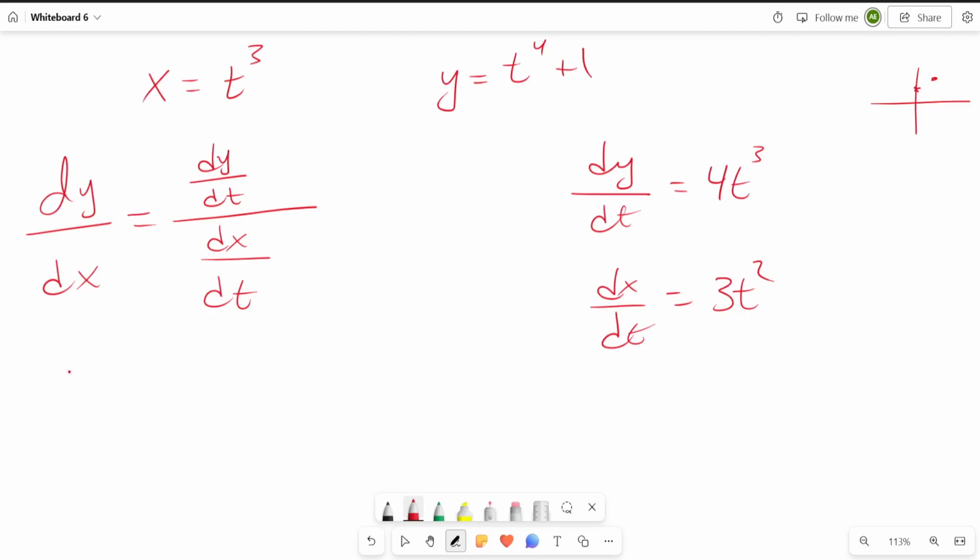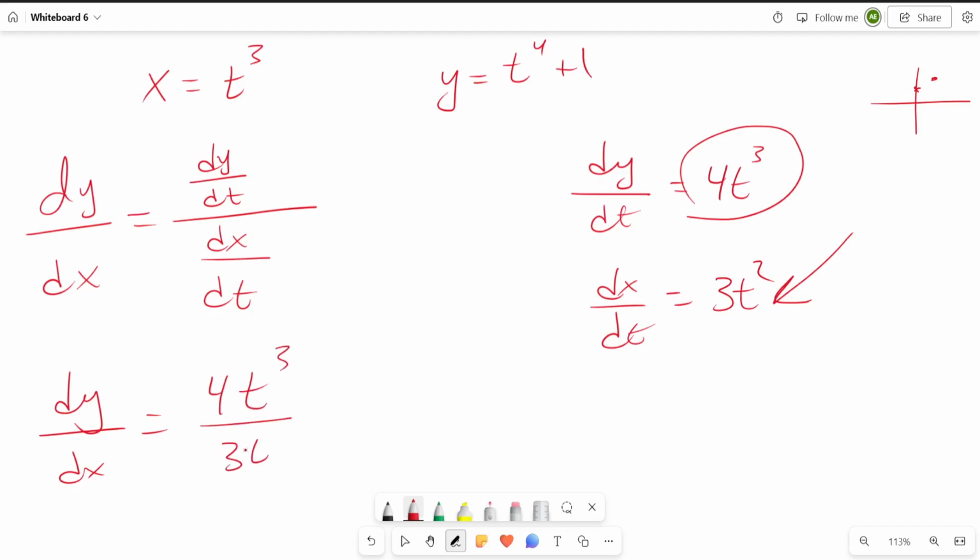To find dy by dx, it's this over that, so it equals 4t cubed over 3t squared, which gives 4 over 3. t power 3 divided by t power 2 is t power 3 minus 2, or t power 1. So our answer is 4 over 3 t.